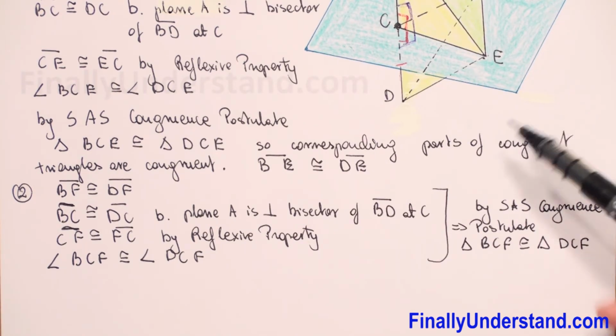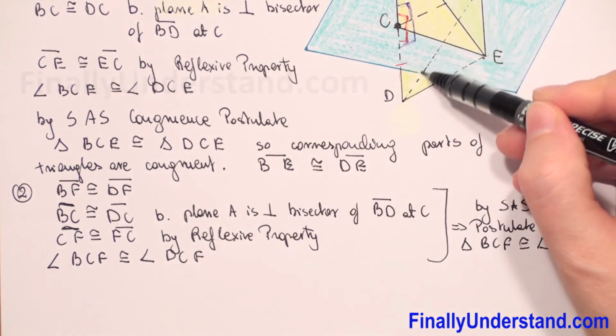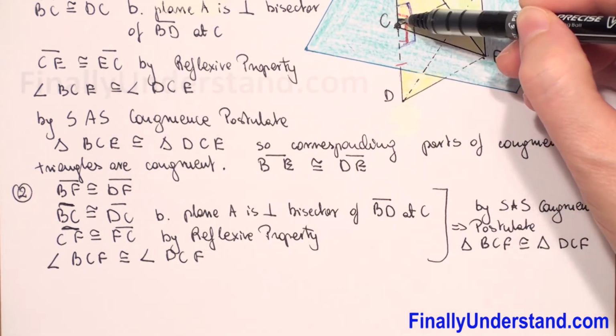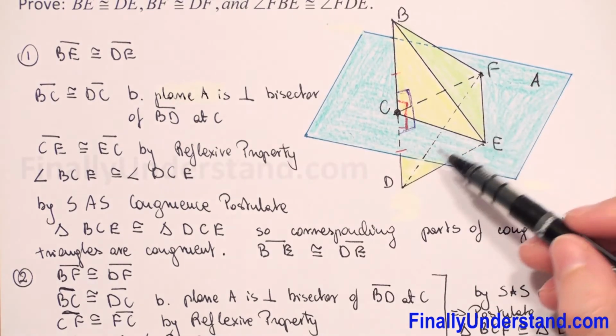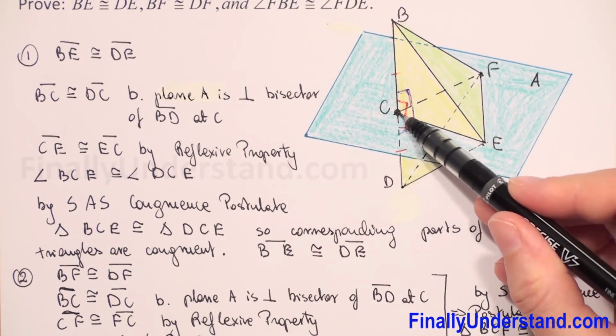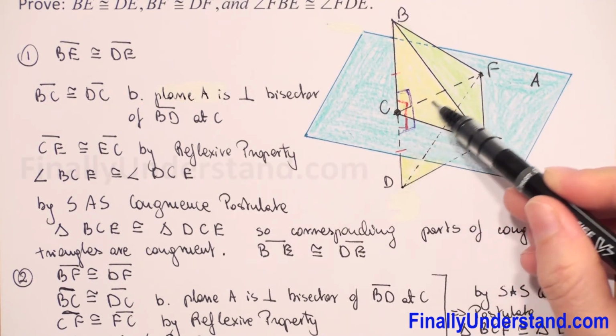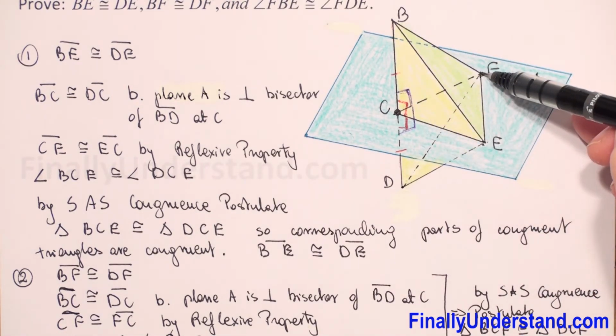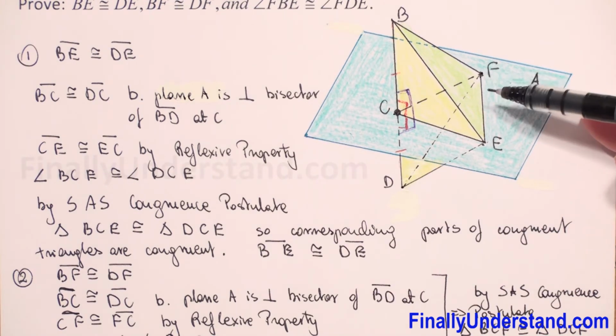And now, because this triangle is congruent to that, it means that corresponding parts of congruent triangles are congruent.